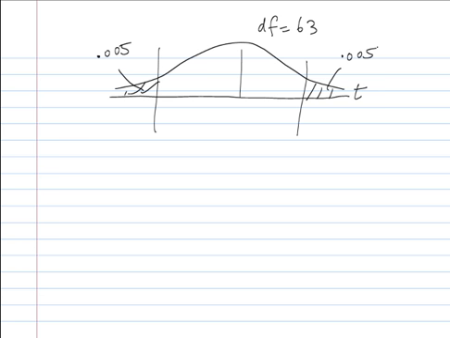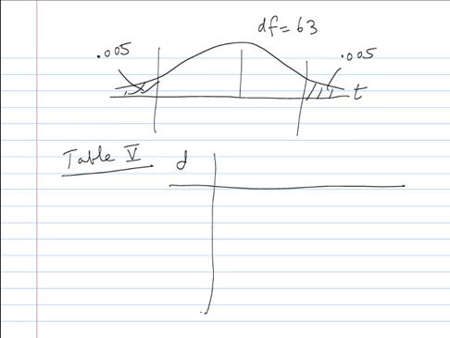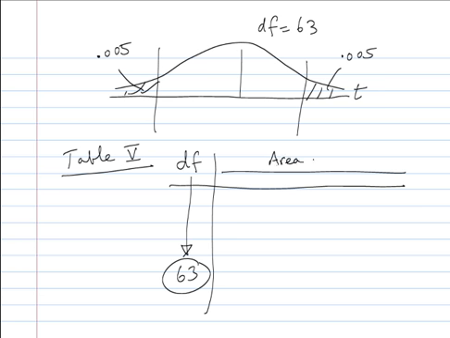So we go to table 5, which is the t-distribution table, and in this table we look for degrees of freedom in this column, which is 63, and we look for area in the right tail, and that is 0.005. So we look for 63 here and 0.005 here and read this number, which is 2.656.